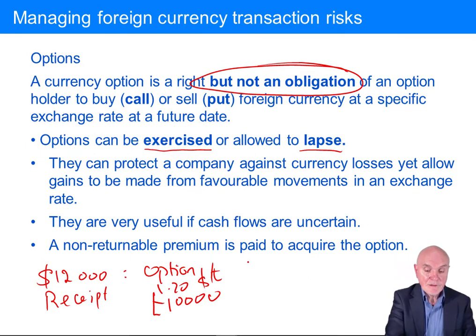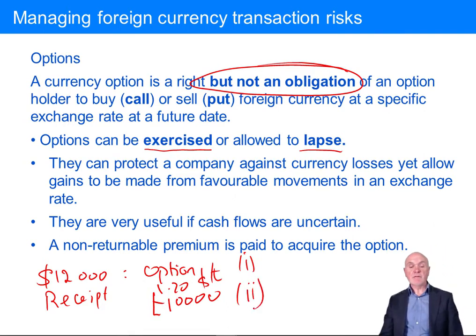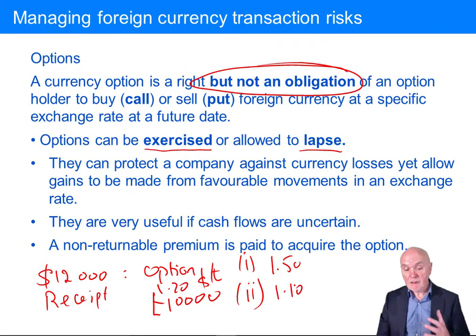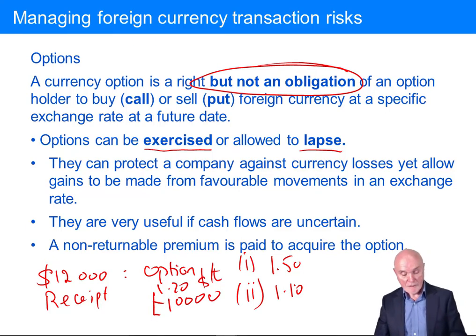Now, let's take two situations. We don't know what the exchange rate is going to be in 3 months' time or 2 months' time, whatever the period of the option is. But let's say the exchange rate was 150, or the exchange rate moved to 110. So the exchange rate, maybe currently 120, could either go up to 150 or down to 110. We don't know what that's going to be in the future.